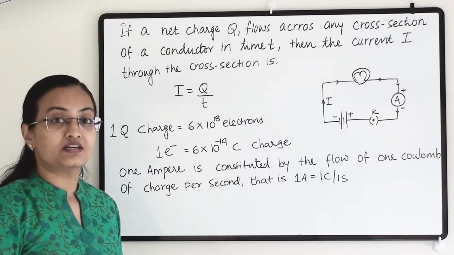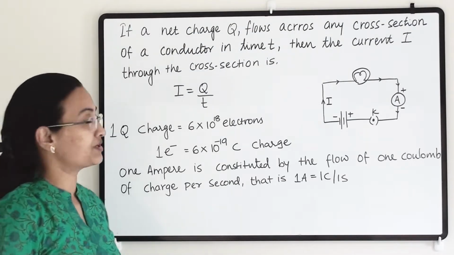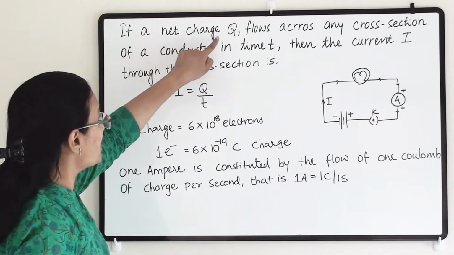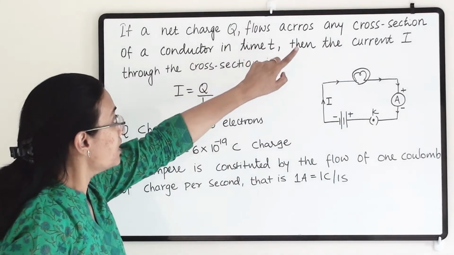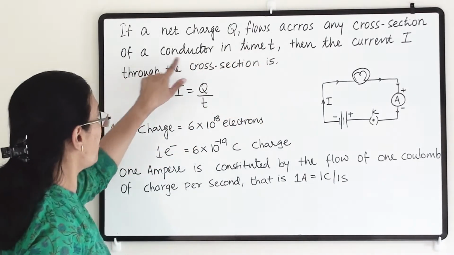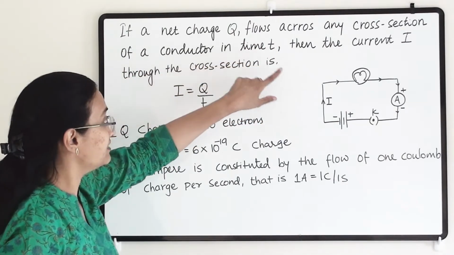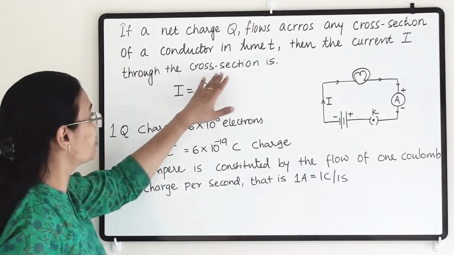Now let us understand our first formula for the electric current. If a net charge Q flows through or across any cross section of a conductor in time t, then the current I through the cross section is given as follows.